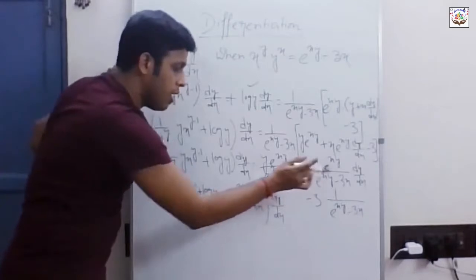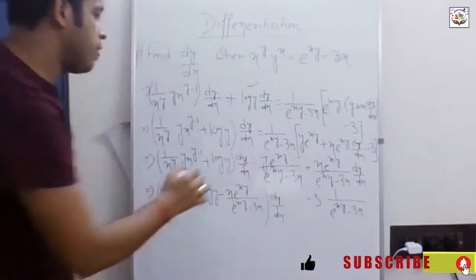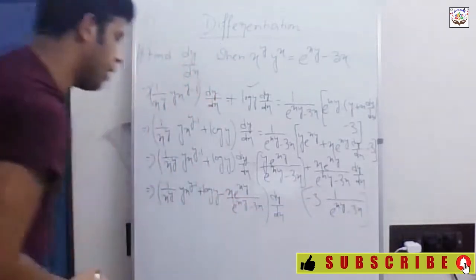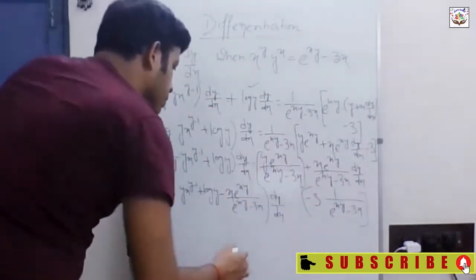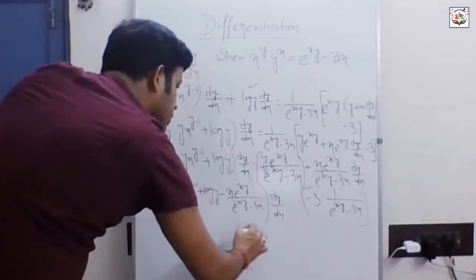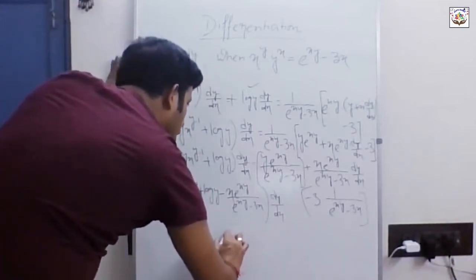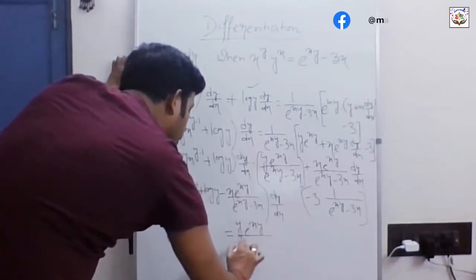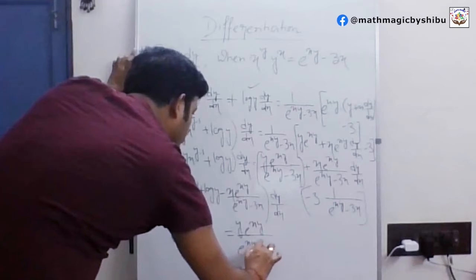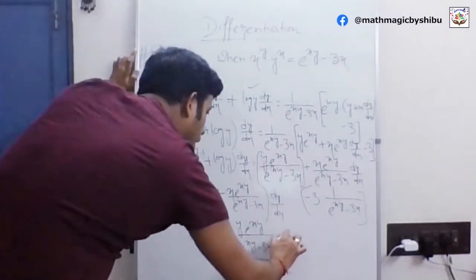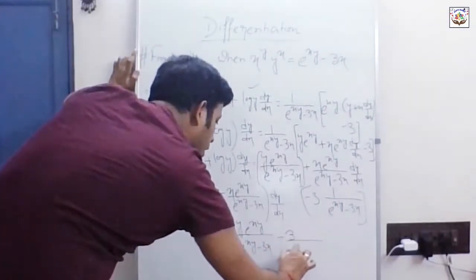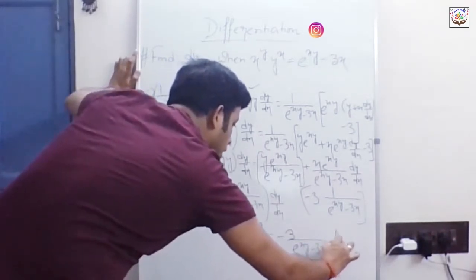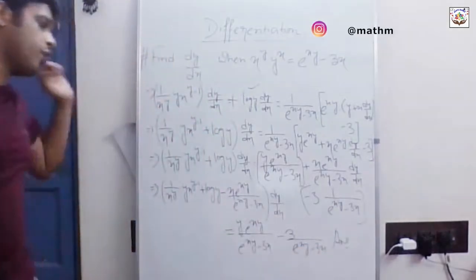As we have taken this part into the left hand side. And what's the remaining part? This one and this one. So it would be equal to y e to the power xy divided by e to the power xy minus 3x minus 3 divided by e to the power xy minus 3x. So that would be the answer to your question.